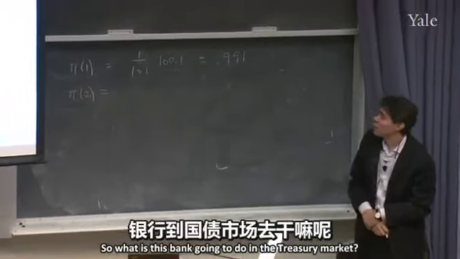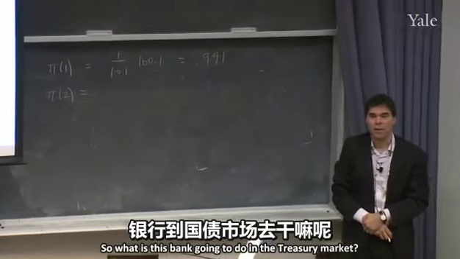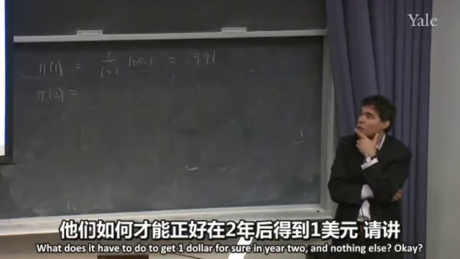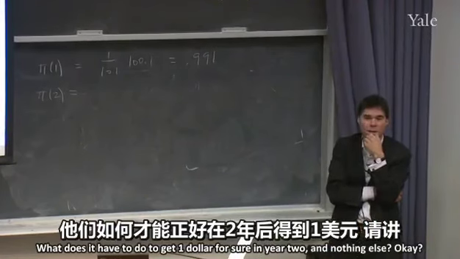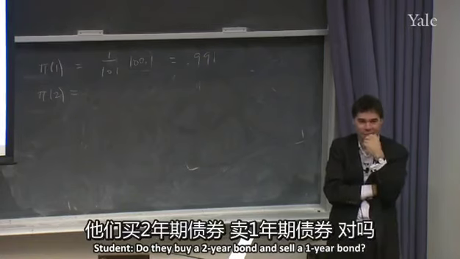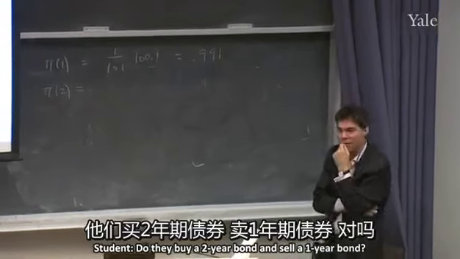So what is this bank going to do in the Treasury market? What does it have to do to get $1 for sure in year 2 and nothing else? Could they buy a 2-year bond and then sell a 1-year bond?